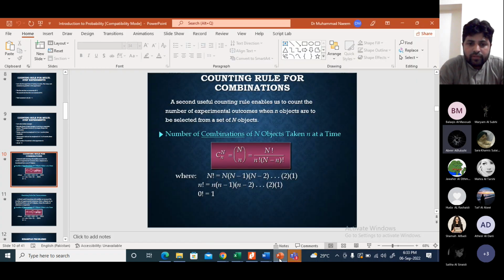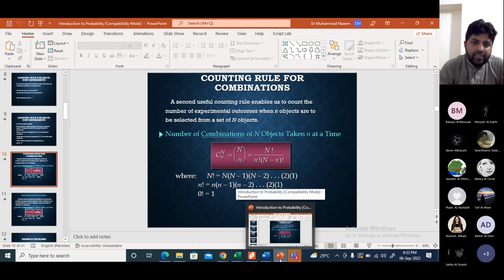No problem. Okay, so now we are moving to combination, and there is also permutation. These are also techniques used in order to get your total number of experimental outcomes. Combination and permutation. Do you have any idea about permutation and combinations?